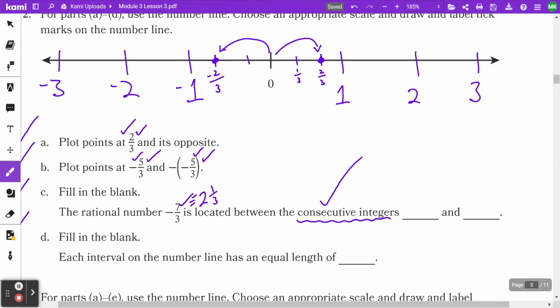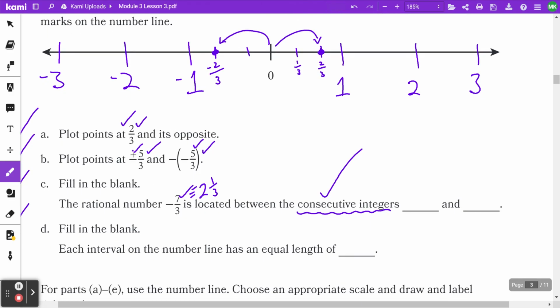I think so anyway. Now they want a -5/3. Well, a -5/3 is going to be a -1 and 2/3. So I'm going to make more thirds out of this. Okay. And so a negative 1 and 2/3 is going to be over here, right? Because this is my -1 and 1/3, and this is my -1 and 2/3.